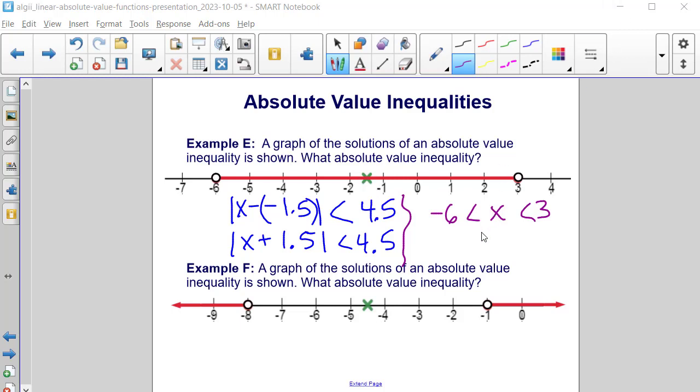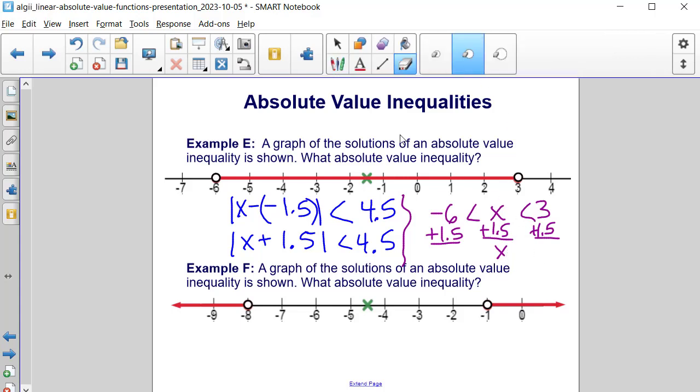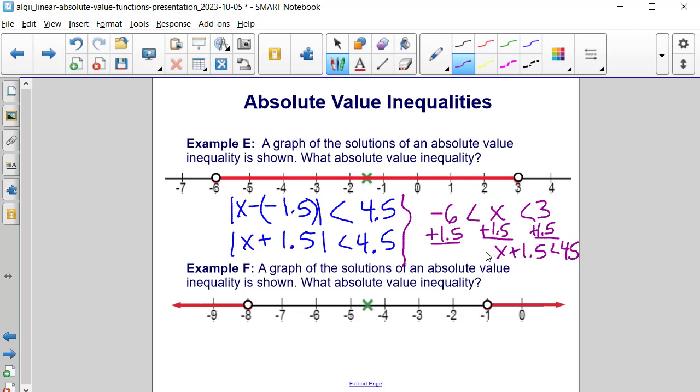So if we subtract -1.5, or add 1.5, to all 3 sections of our compound inequality, we will end up getting that x plus 1.5 is between -4.5 and 4.5.